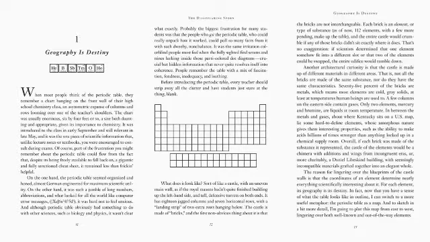And this is the first part of Sam Kean's book, and I'm just going to read the first paragraph so you can get the feel of this book. Geography is destiny. When most people think of the periodic table, they remember a chart hanging on the front wall of their high school chemistry class, an asymmetric expanse of columns and rows looming over one's teacher's shoulders. The chart was usually enormous, 6'4" feet, a size both daunting and appropriate, given its importance to chemistry.